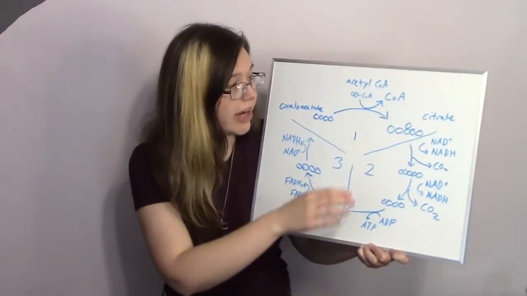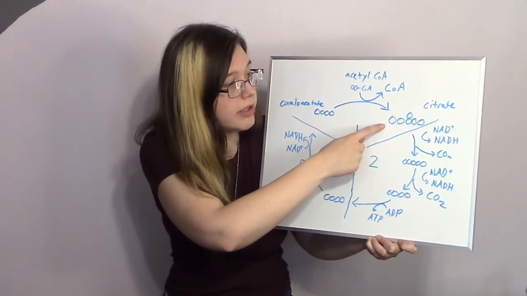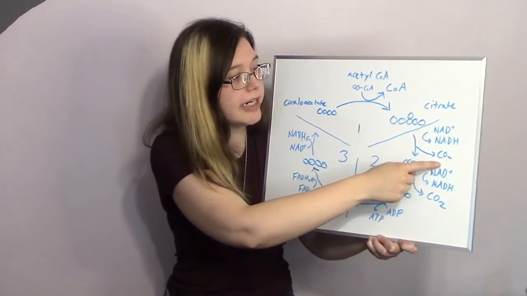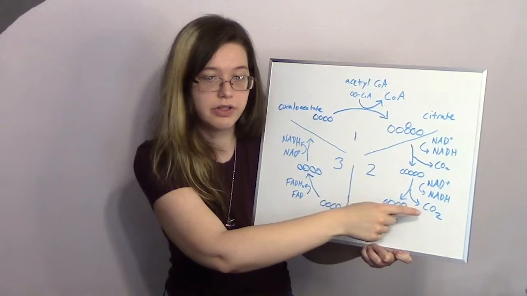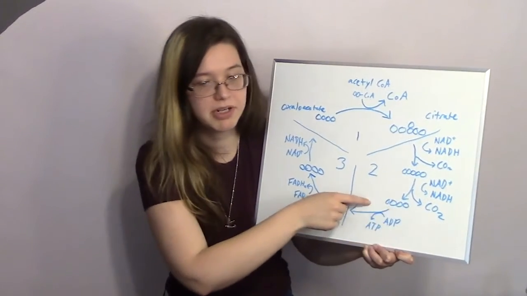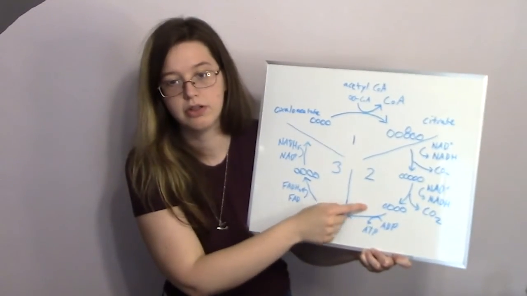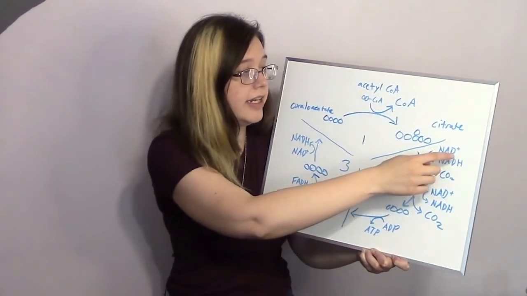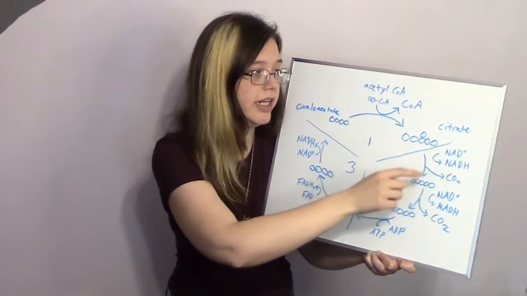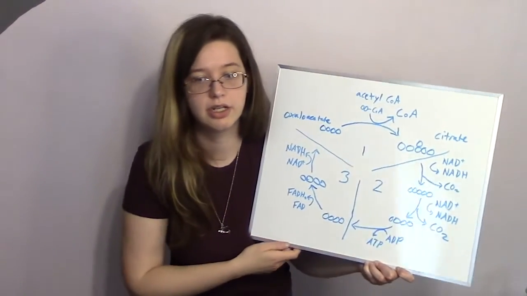So, we have the 6-carbon molecule and it loses a carbon dioxide to become a 5-carbon molecule, and then it loses another carbon dioxide and becomes a 4-carbon molecule. And in that process, it takes some NAD plus and it makes NADH.